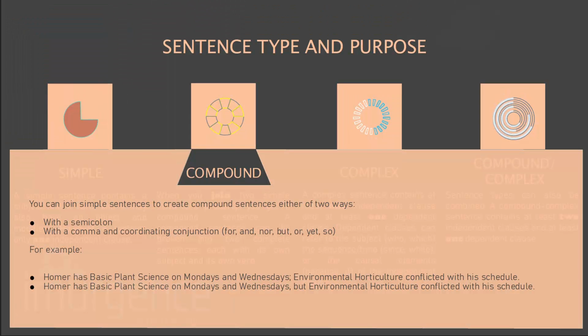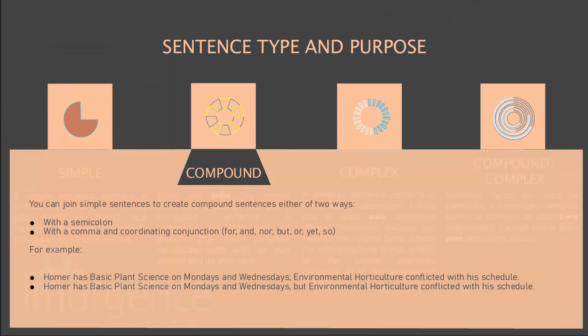Here are some examples. Homer has basic plant science on Mondays and Wednesdays; environmental horticulture conflicted with his schedule. Homer has basic plant science on Mondays and Wednesdays, but environmental horticulture conflicted with his schedule.